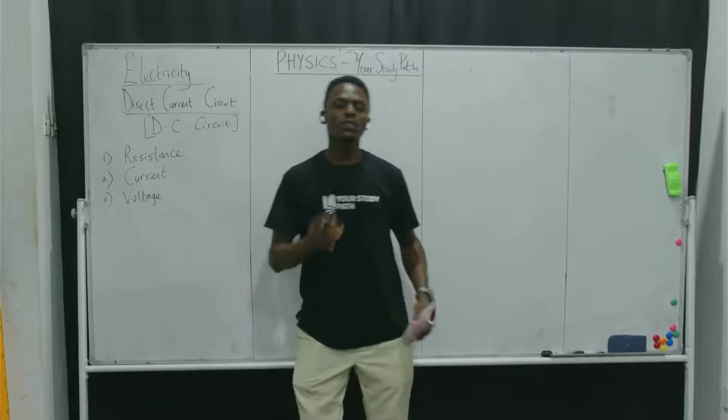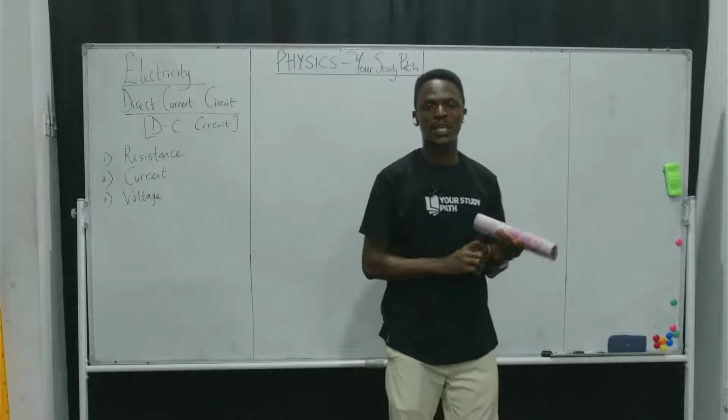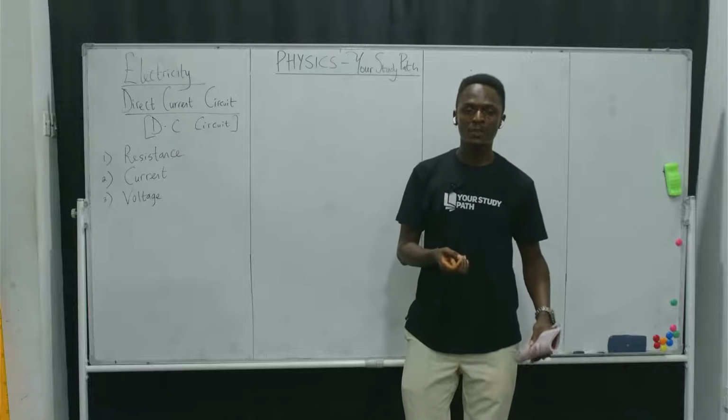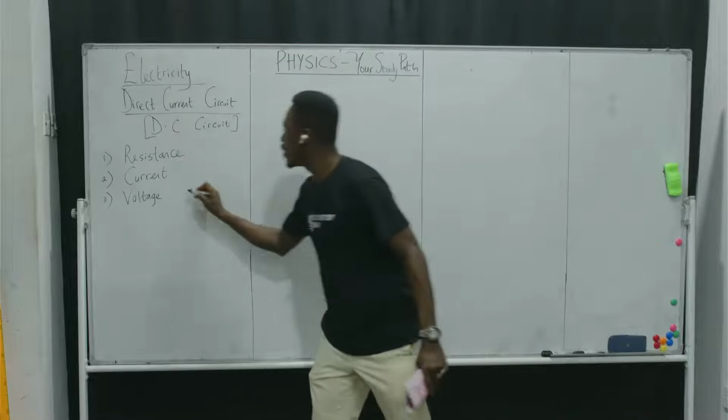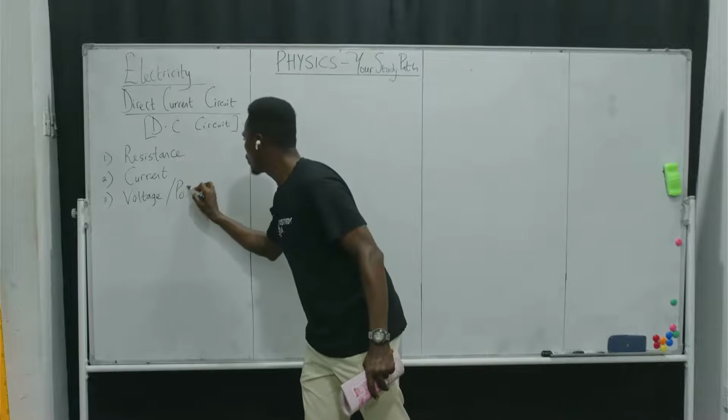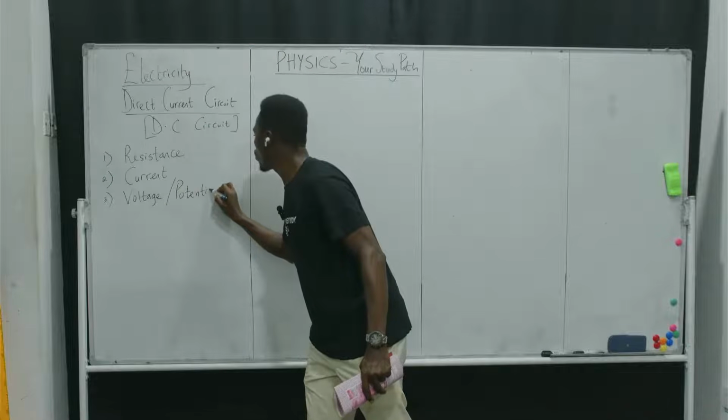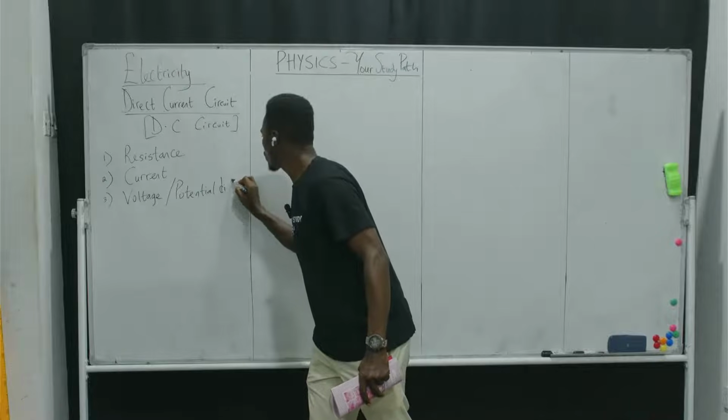But guess what? The funny thing about voltage is that it comes by different names. Either you're dealing with voltage as a word or you're dealing with potential difference. You get to see them use the word potential difference.